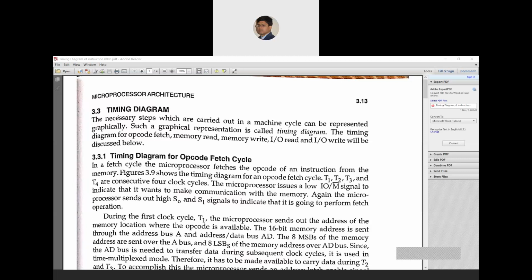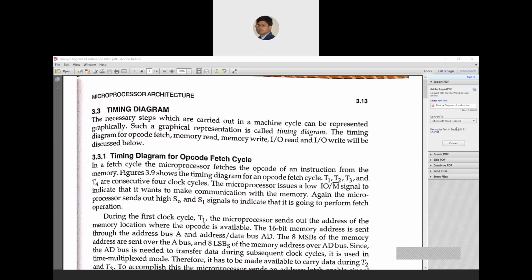So how much time is required, and correspondingly what things are executing internally in 8085, all those things will be visible in this timing diagram. So the timing diagram is a very important topic, because it will show you how 8085 is performing or executing each and every instruction internally.